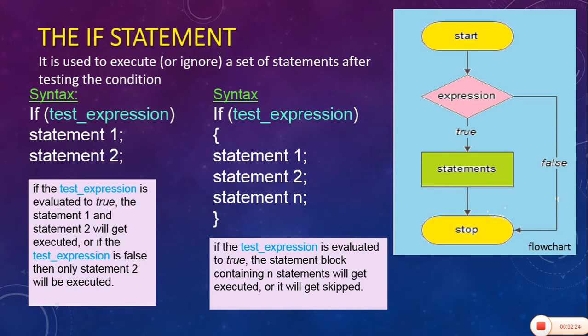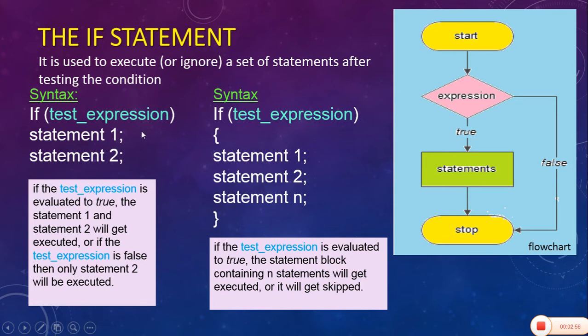Now, first of all, the if statement. The if statement is used to execute or ignore a set of statements after testing the condition. Now let's consider the syntax of the if statement. Here you can see an if, and inside the round bracket there is written a test expression.